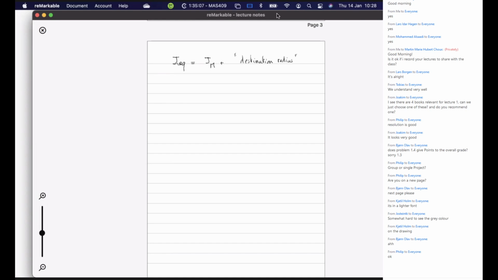And the motor side is the side 1 and load is side 2. So it's R1, which is the destination radius, divided by the source radius. And this has to be squared and times JL.